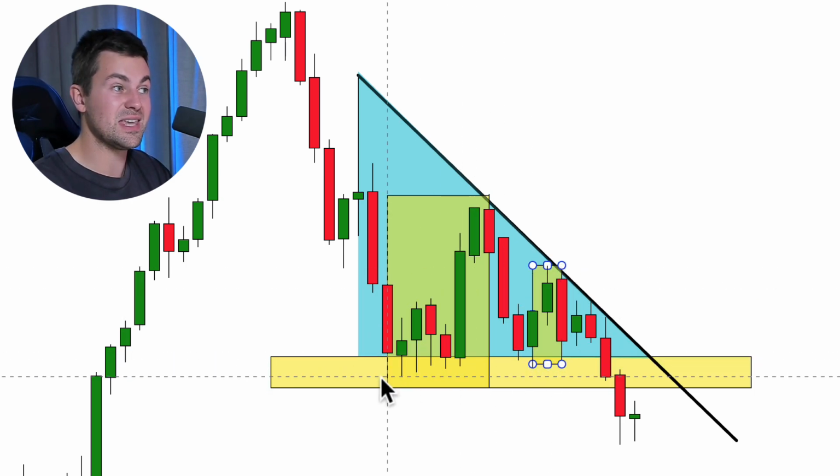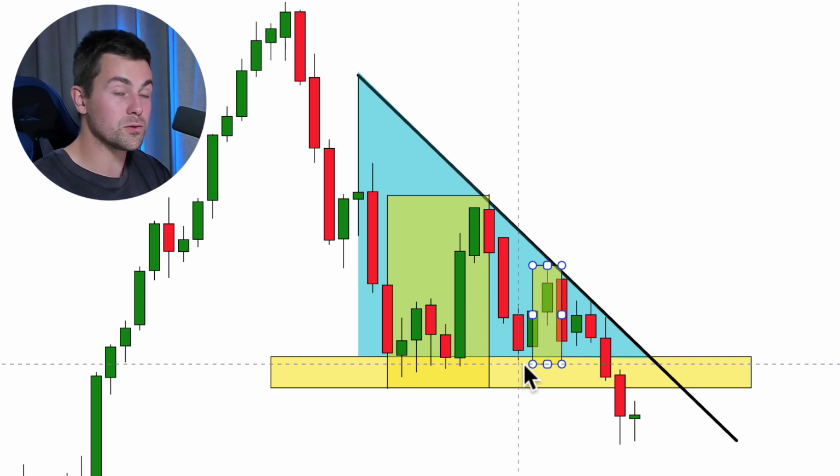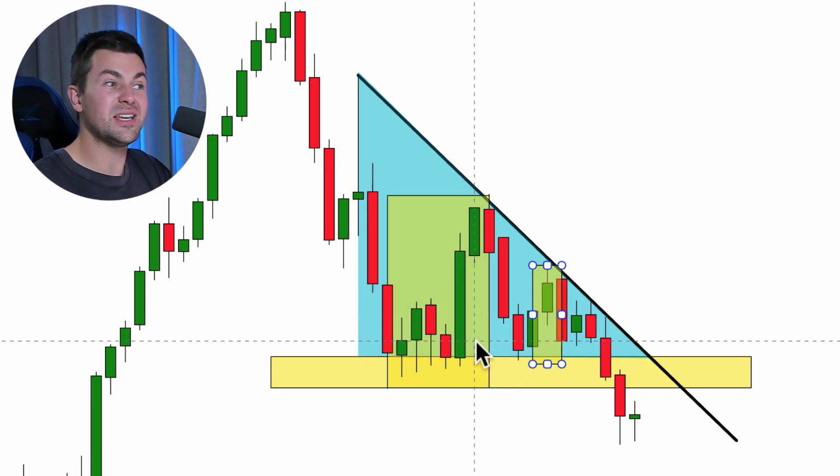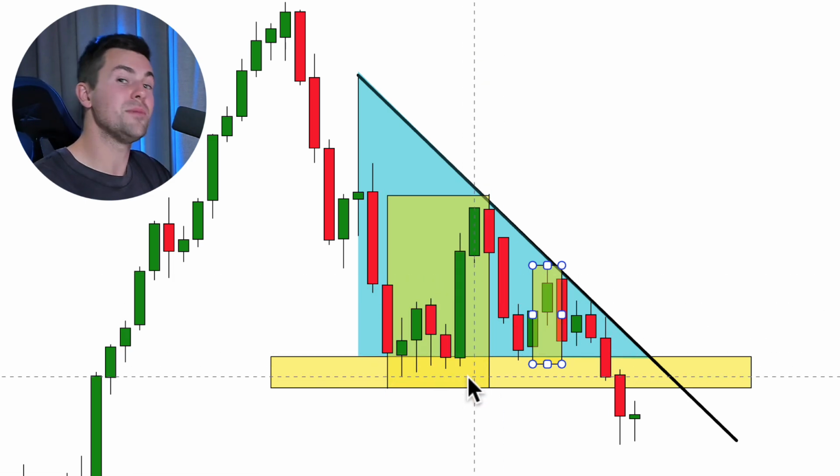You can see that the neckline of the triangle here is a strong horizontal support. And after each test of that, the reactions of the price to that become weaker. It signifies that the buying volumes decline and the selling volumes accumulate.